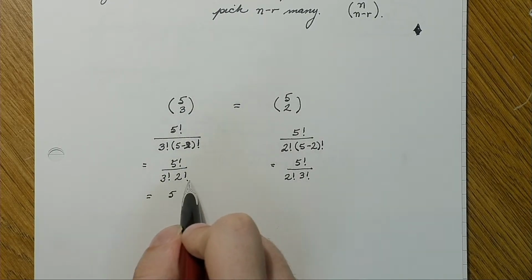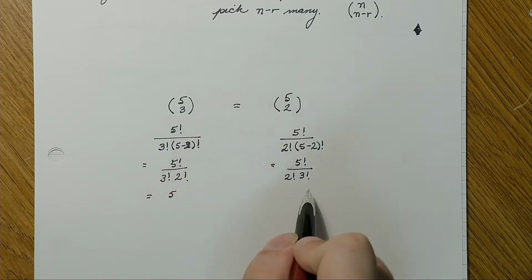I have 3 factorial, 2 factorial, but again, I can change the order because of multiplication.